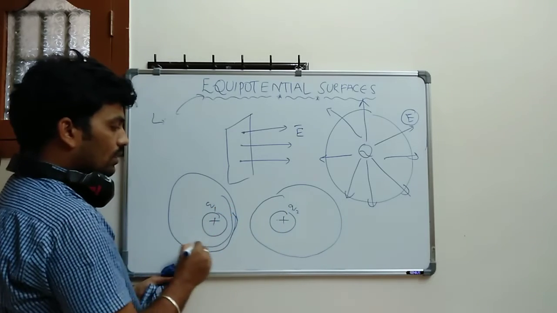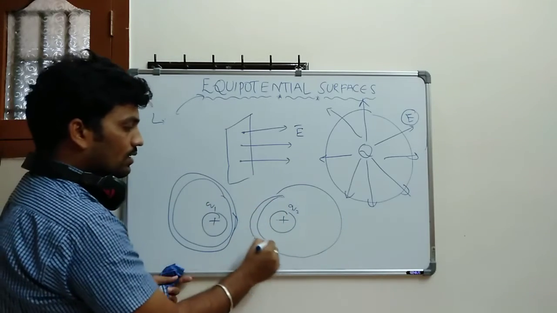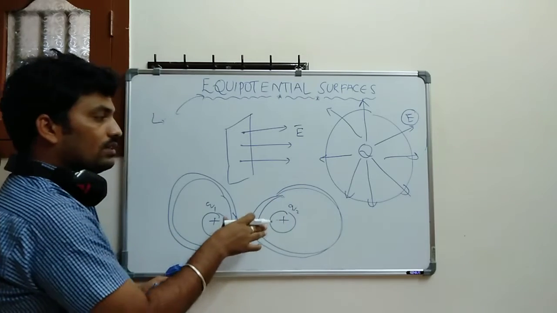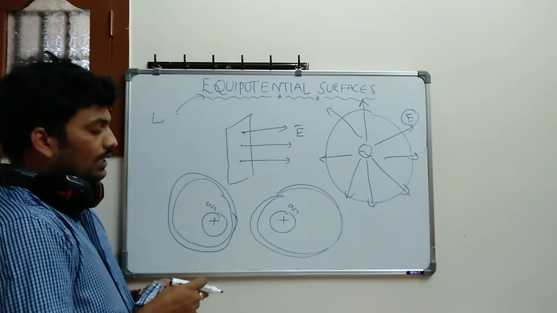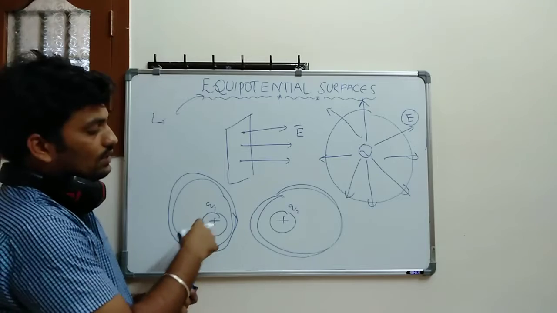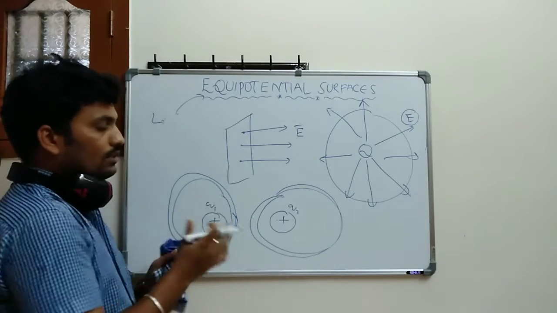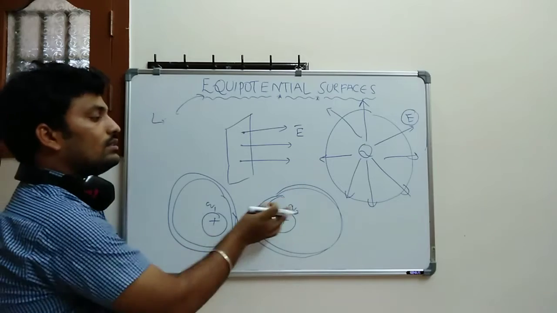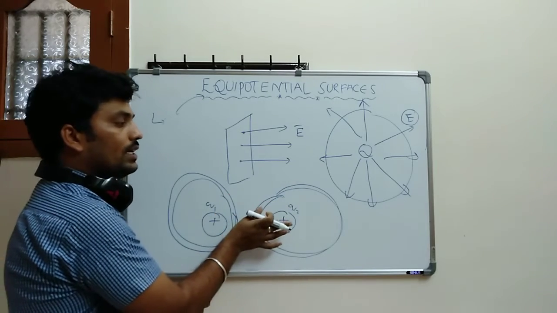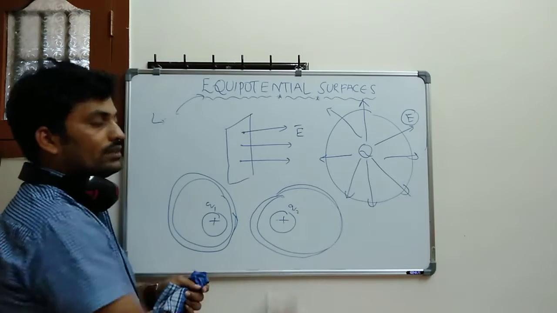I draw one more line also. Why is it like this? Because there is the same nature, the charges will have a repulsion between them. And one more thing, these are the same charges, so the repulsion will happen, then you will get more area at the back side of it.